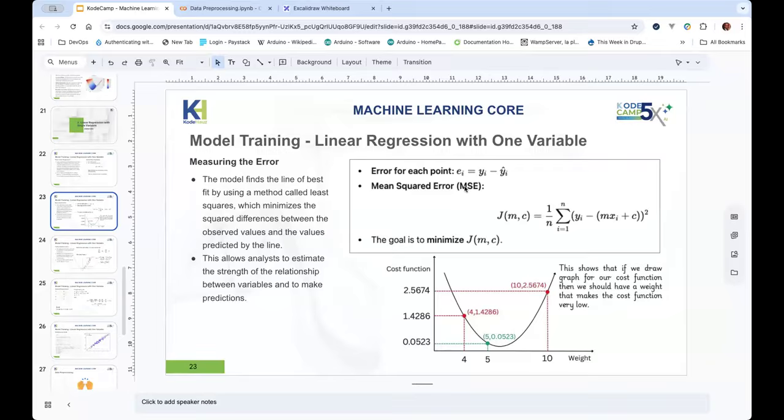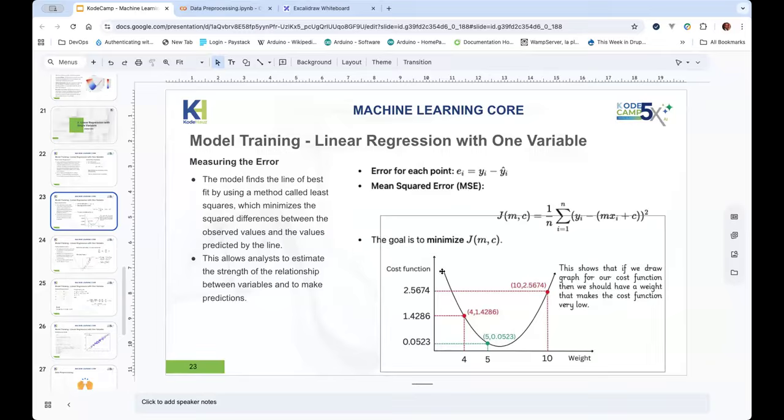So now, the interesting thing is this. MSE, the cost function, is quadratic. This can get confusing because you can begin to think, oh, this thing is quadratic, this is the actual function I'm trying to approximate or predict. No, this is not that function. This is a plot of the error function.